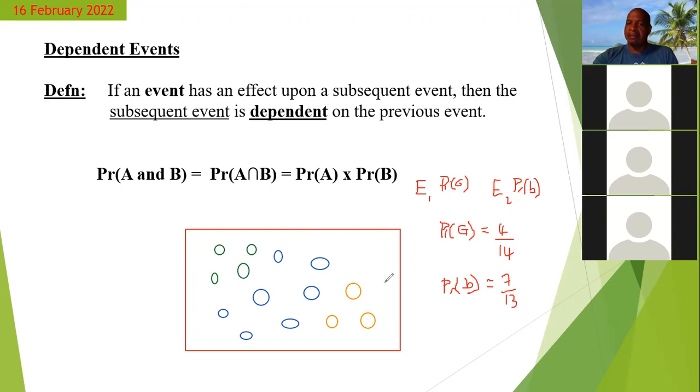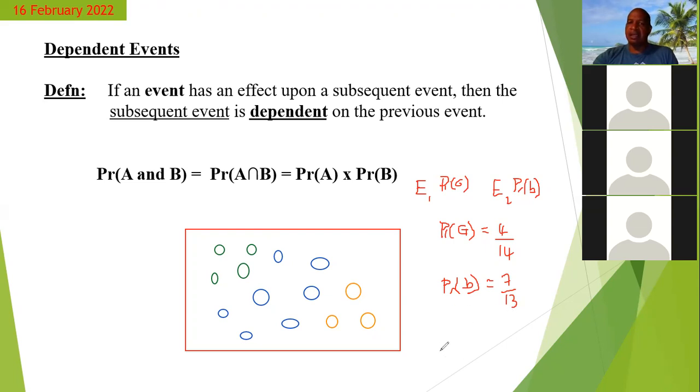That happened because you took something out of the box and did not replace it. So every time you take something out of the box, it decreases the total of what was in the box. And if you're not replacing it, when you're calculating the probability of the next outcome, it will affect the outcome.